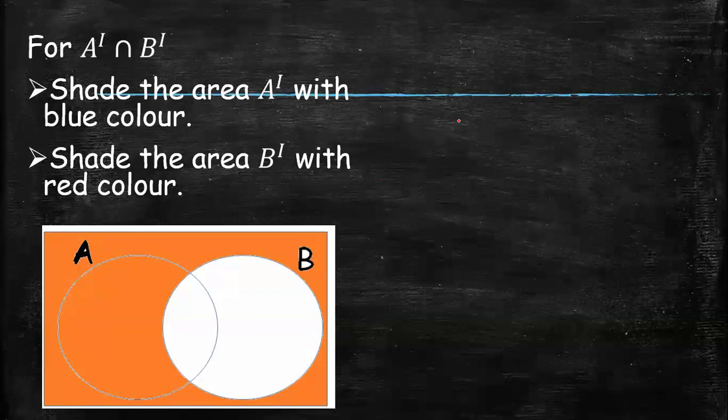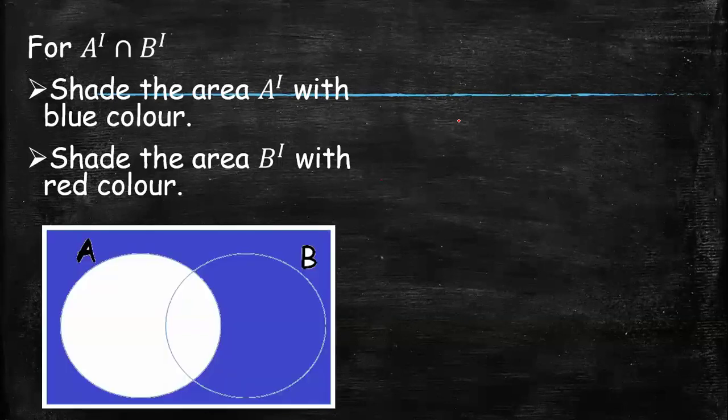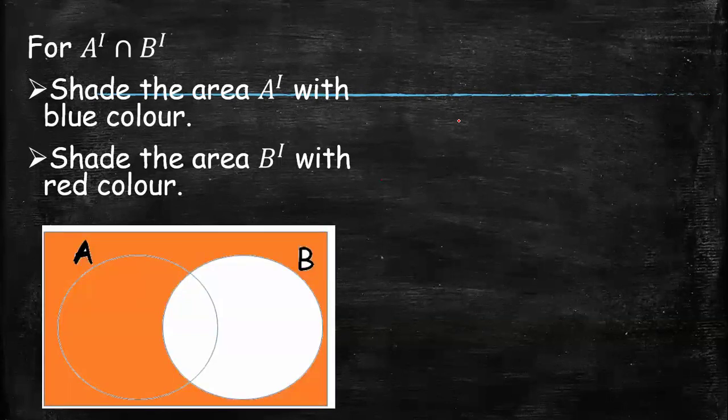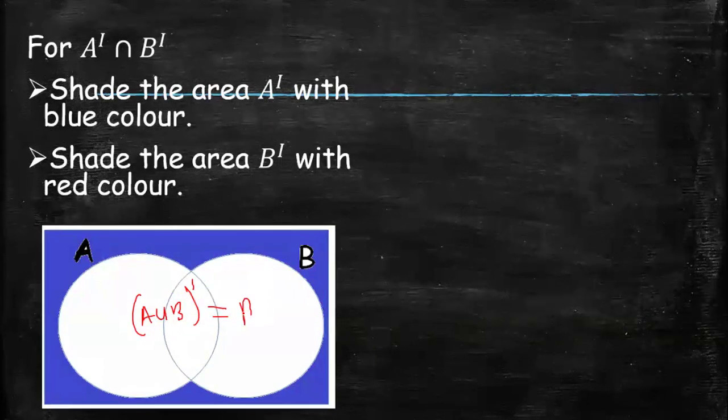So when we get the area that has double shading, the area that has A prime and also B prime, which is the area outside the two sets, this area is going to be representing A union B complement, but we have got it by shading A complement intersection B complement.